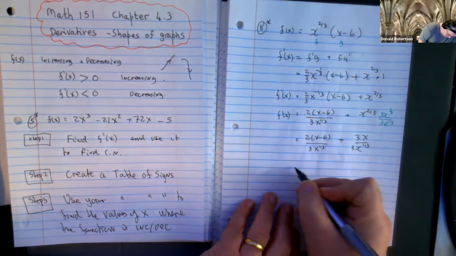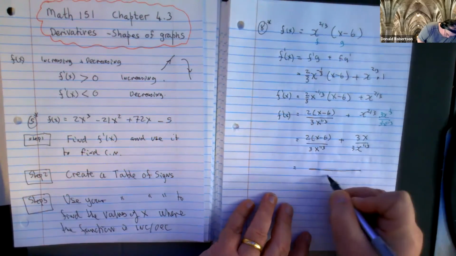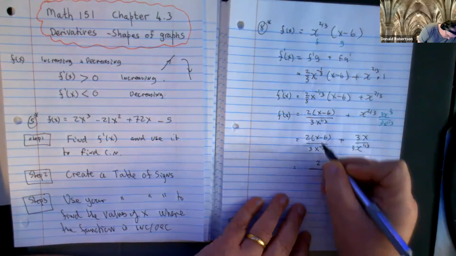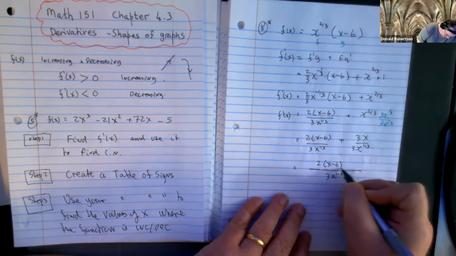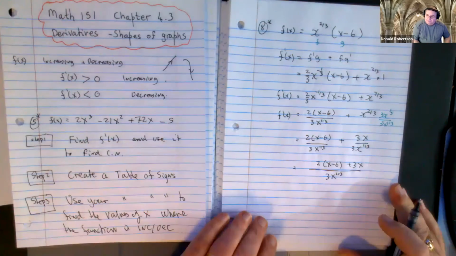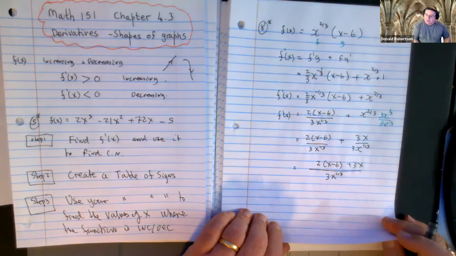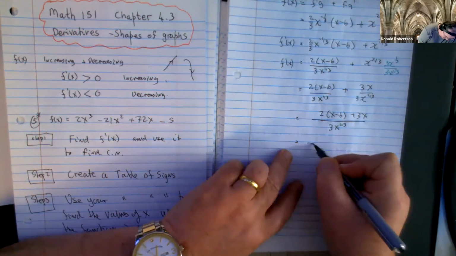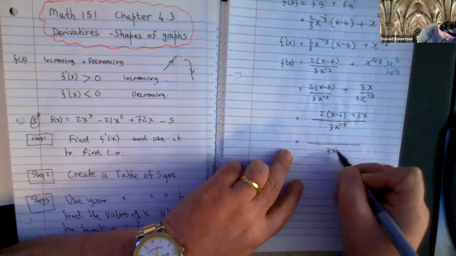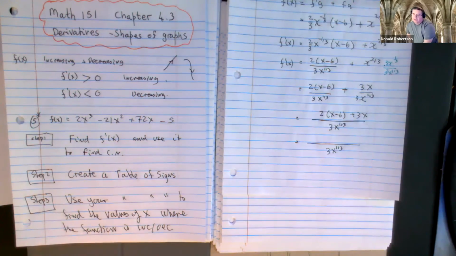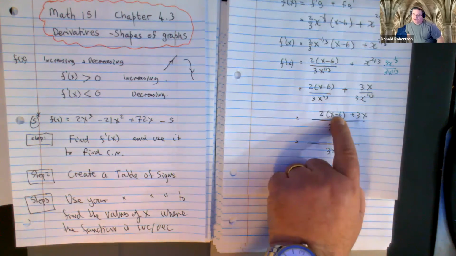So now, since they share a common denominator, I have this. You still with me? Horrible as it is. What do you think I'm going to do to this top expression? 2 lots of x minus 6 plus 3x.